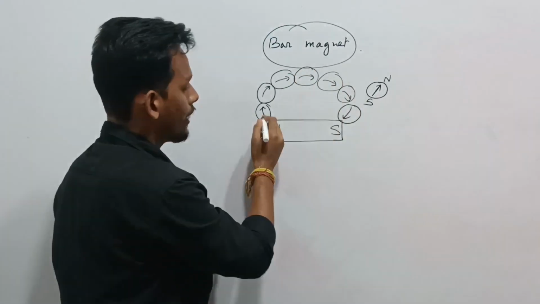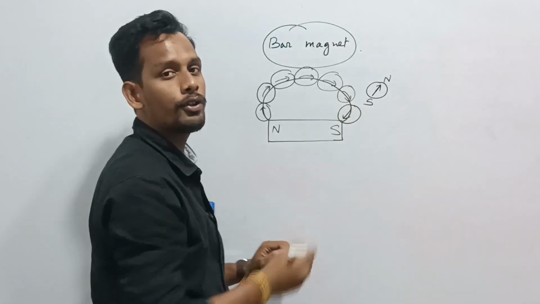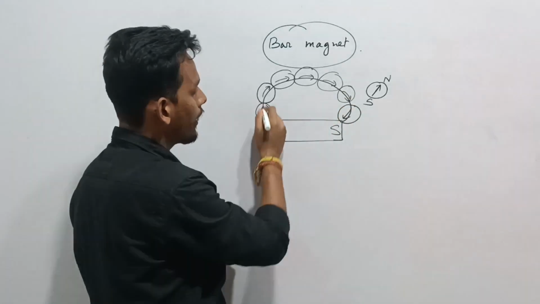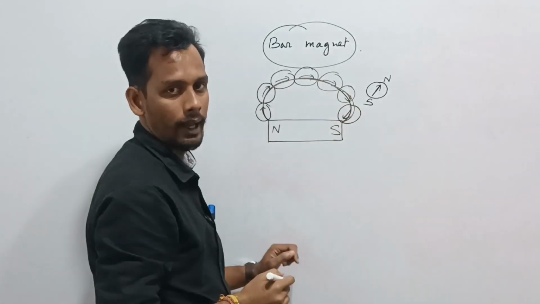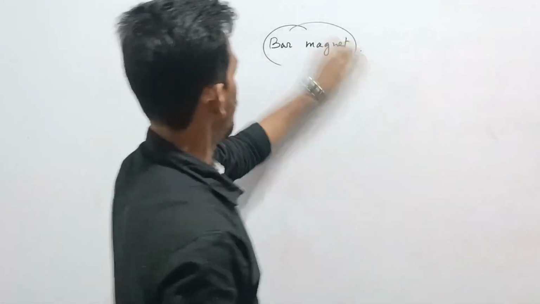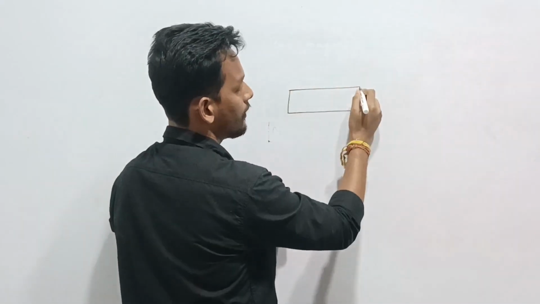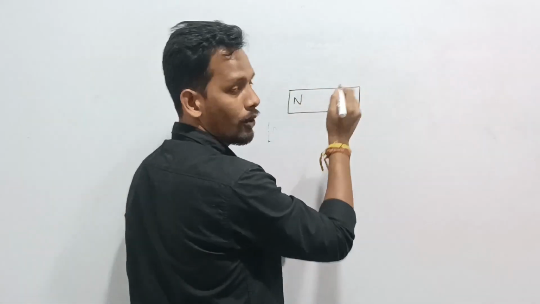Now, if you join all the points, you will find a continuous line, and this line represents the magnetic field lines. So in the case of a bar magnet, you can draw the magnetic field lines. This is north, this is south.